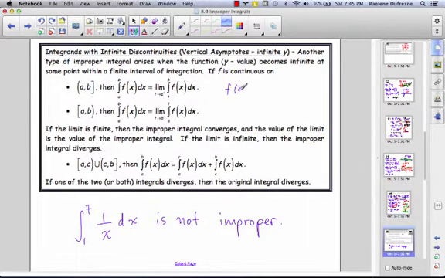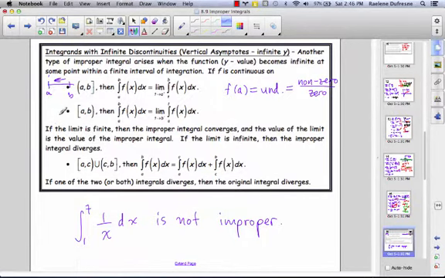In other words, f of a is undefined, which is non-zero over 0, not to be confused with 0 over 0, which is indeterminate. Then we proceed by letting t approach a from the right, because we have the interval from a to b like this, and a is a one-sided direction. x can only approach a, or t can only approach a, coming from the right.